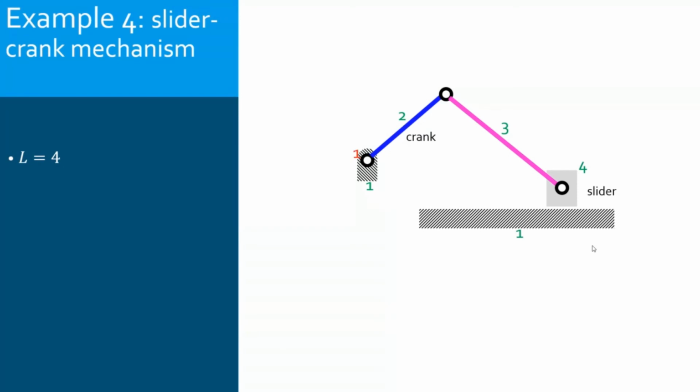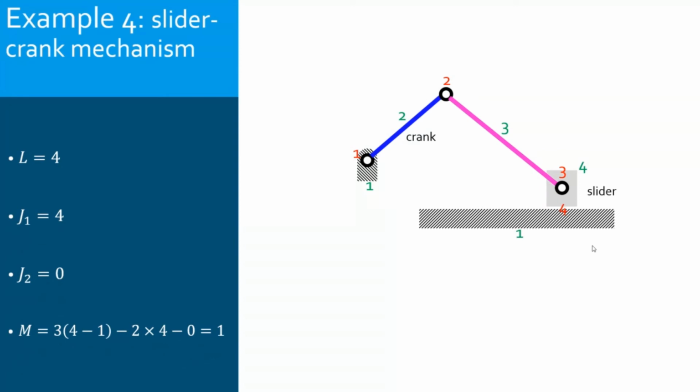Now, these are connected by 3 pin joints, by turning joints. We have the first pin joint between the ground and the crank, another pin joint between the crank and the coupler, and the third pin joint between the coupler and the slider. These 3 pin joints are completed by another type of lower pair, which is the prismatic joint.